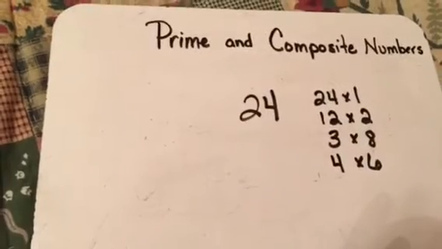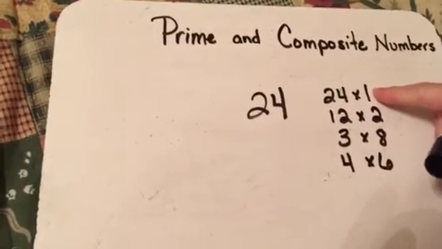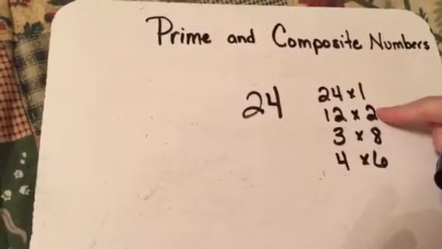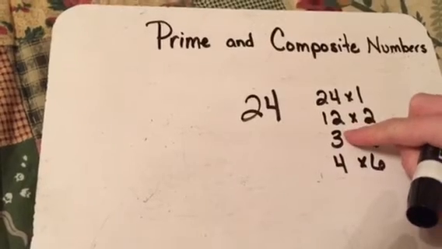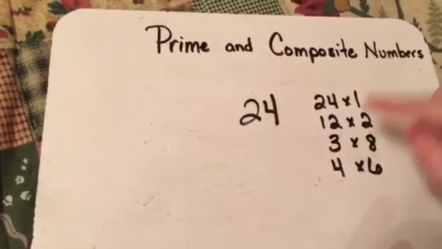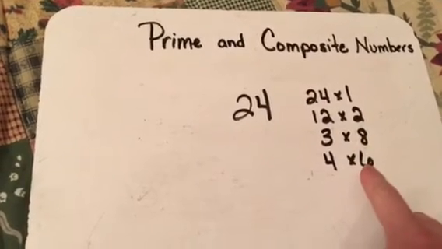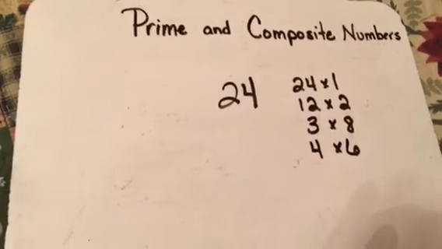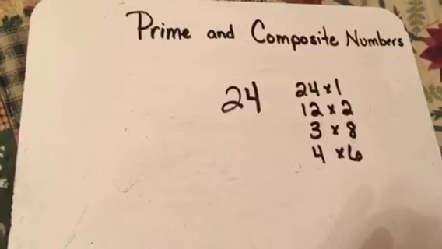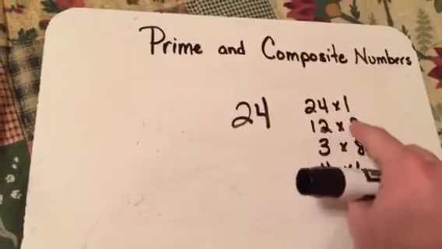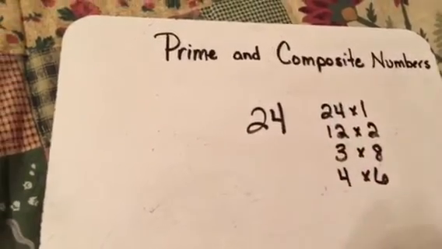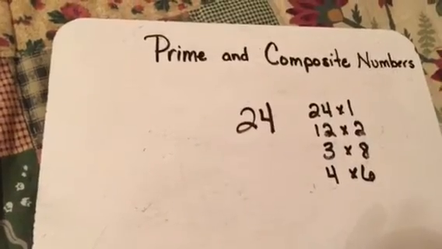Guys, the way that I'm doing this is I'm just going through thinking 1 times what would be 24? 2 times what would be 24? 3 times what? 4 times what? There's no way to get there by my 5s. 6, I've already got it, so I know that I hit all of these factors. Again, this would be a composite number. I have 1, 2, 3, 4, 5, 6, 7, 8 different factors of the number 24.